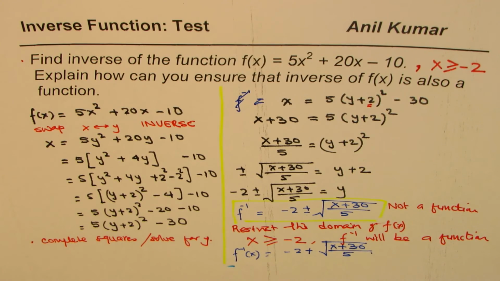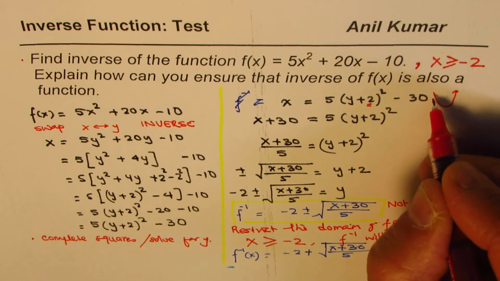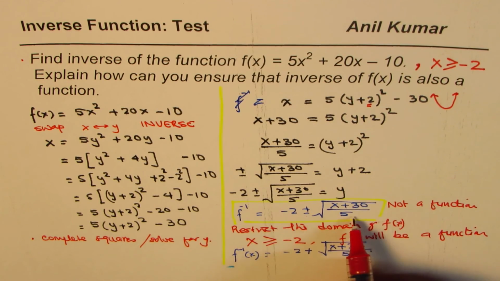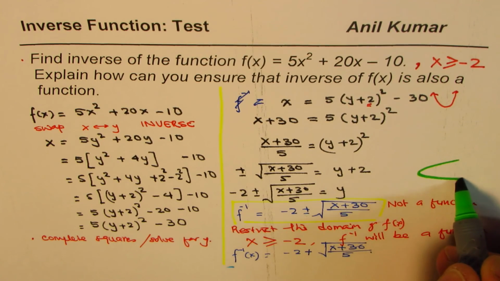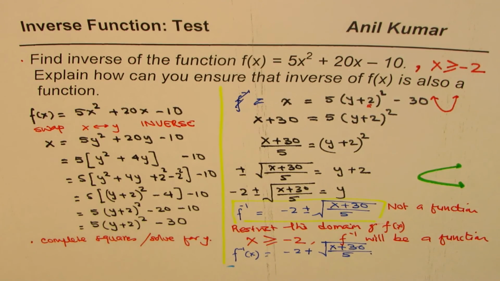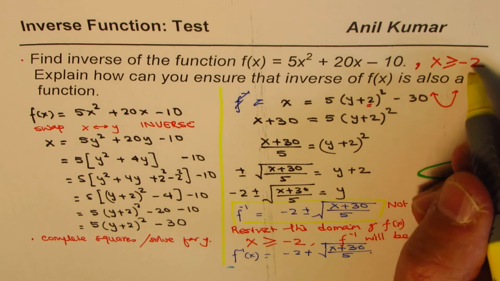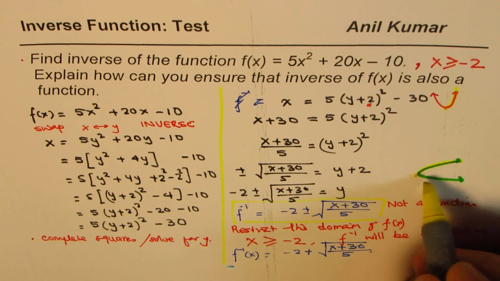So basically what you see here is this function is kind of like this, right? And the inverse over here is kind of like this. And what we did was we restricted our domain and we just took one arm. So when we say greater than or equal to minus 2, we took this arm, which translates to the upper arm, right?